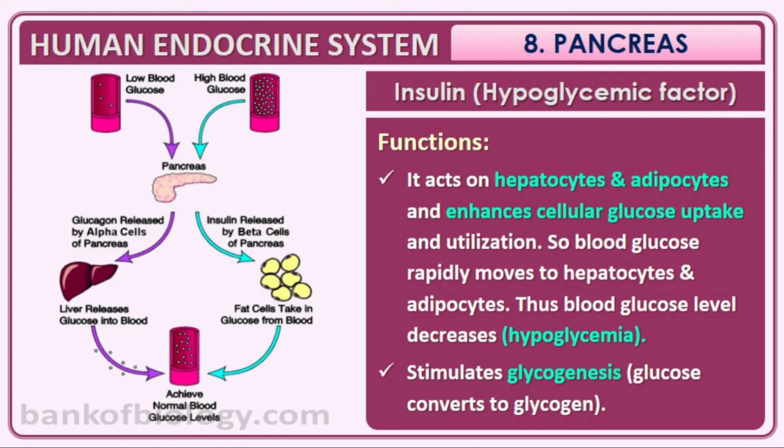Functions of insulin. It acts on hepatocytes and adipocytes and enhances cellular glucose uptake and utilization. So blood glucose rapidly moves to hepatocytes and adipocytes. Thus, blood glucose level decreases.